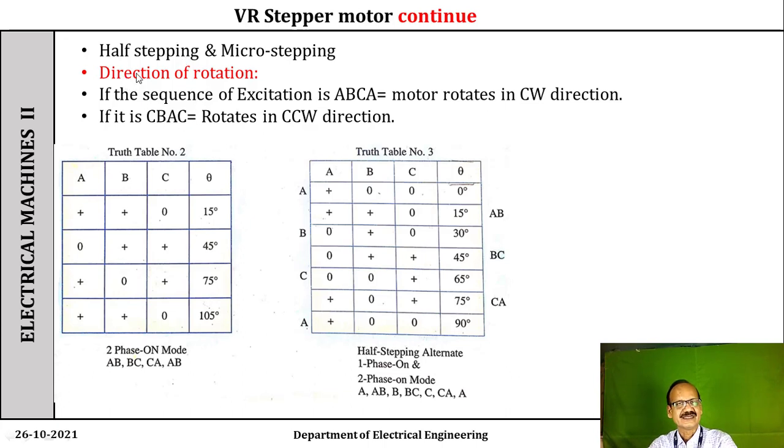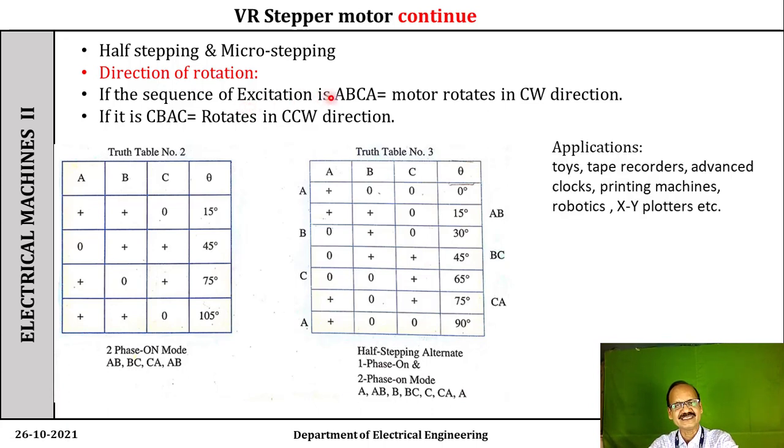Okay. Now let us see the direction of rotation. If the sequence of excitation of the stator winding is A, B, C, A, the motor rotates in a clockwise direction, and if the sequence is C, B, A, C, it rotates in a counterclockwise direction.